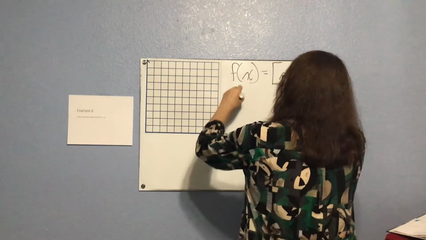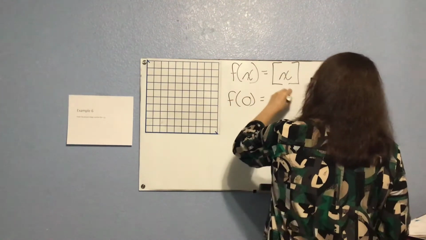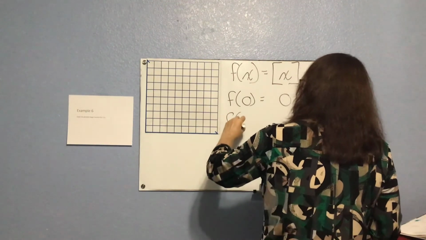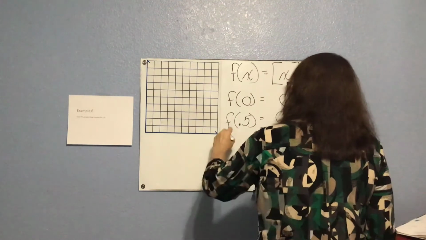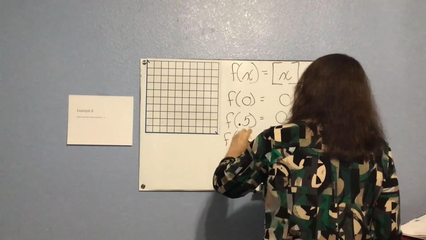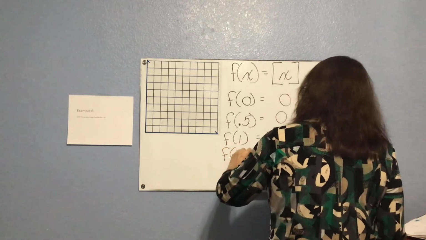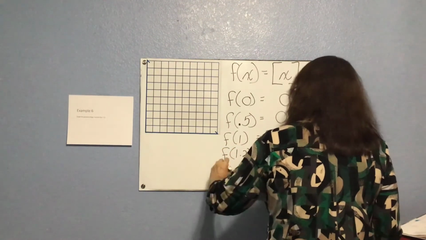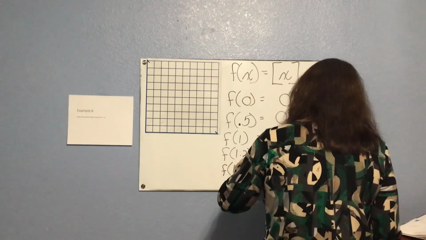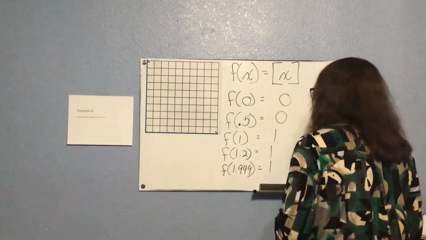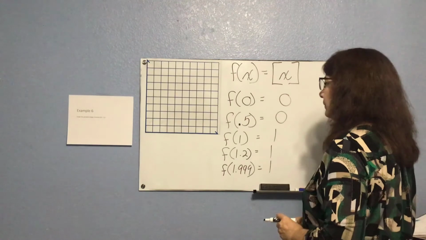So for instance, f of 0 would be 0. f of 0.5 would also be 0. f of 1 would be 1. f of 1.2, also 1. f of 1.999, also 1. Because I just chop off the decimal and that's the value.